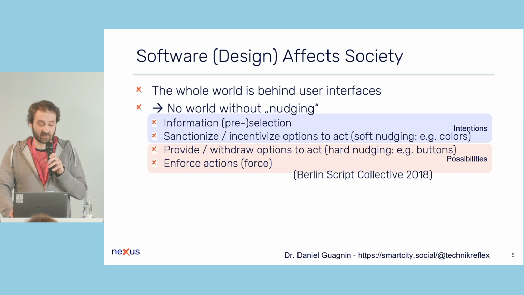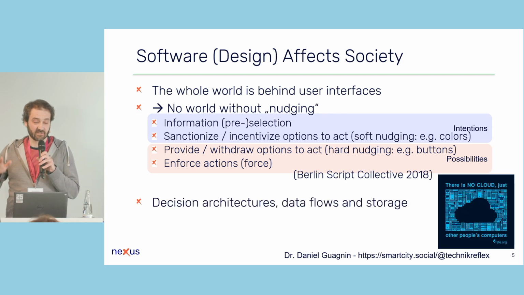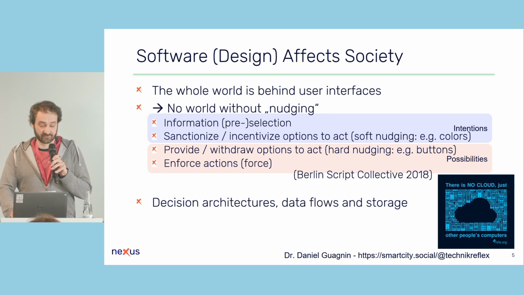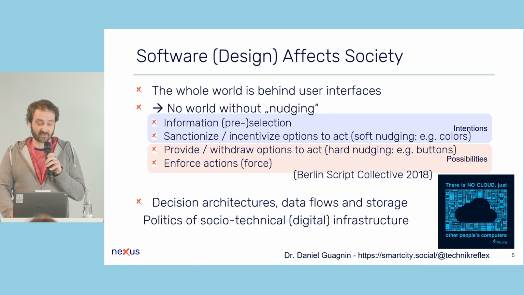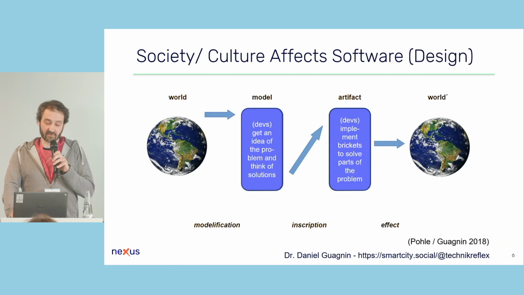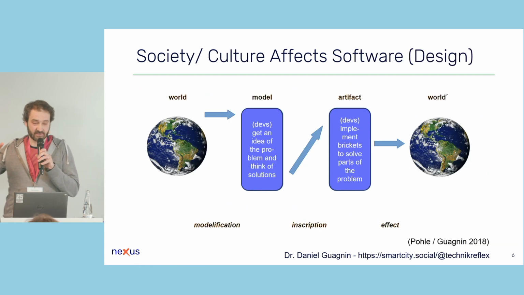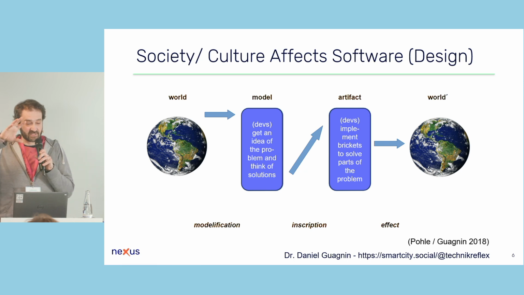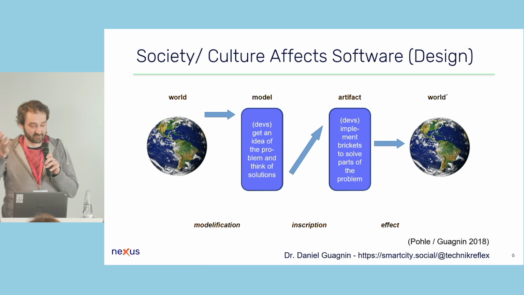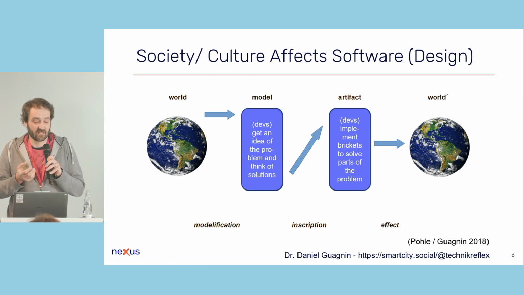And it's not only on the interface, on the surface, it's also in the decision architectures, in the data flows, in the storage. We have to keep this in mind, that socio-technical digital infrastructure is always politics. And from a more computer science point of view, it's important to have in mind that the world as we see it is influenced through software, but software also is influenced by people who design it, because everyone who's part of the developing community has an idea of the problems and brings in his views and his perspectives.